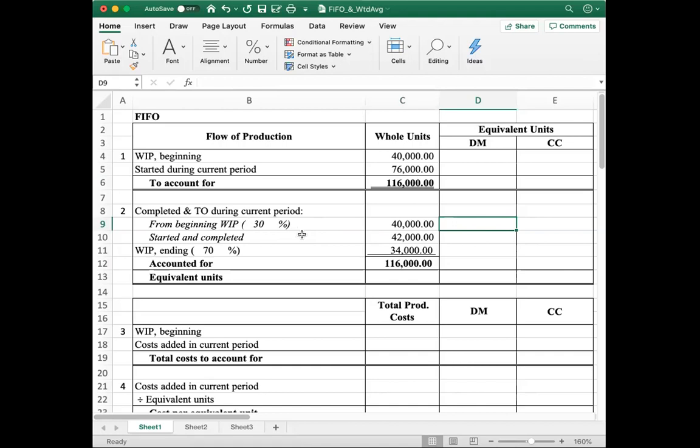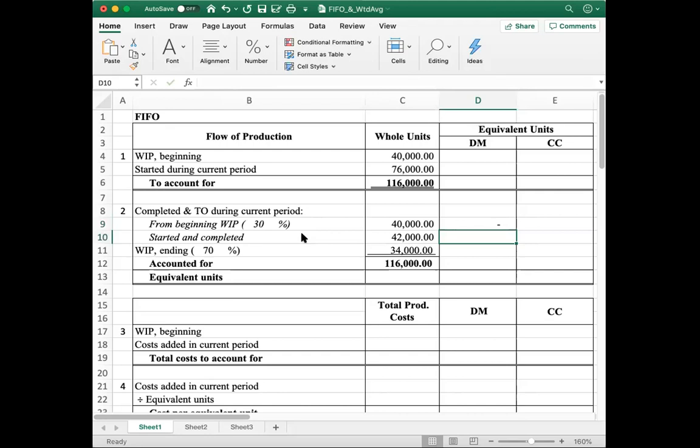What is beginning work in process? Beginning work in process is the ending work in process from the last period. That becomes the beginning for this period. So if you started the process during last period and finished 30%, that means you already added the material, because material is added at the beginning of the process. So in this period, what are you going to add? You're going to add none, which gives you 0.